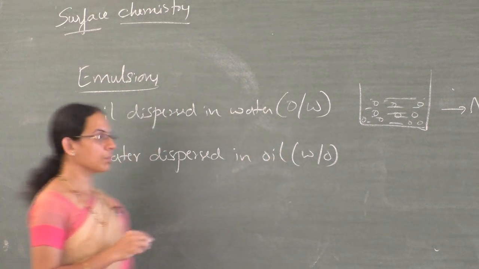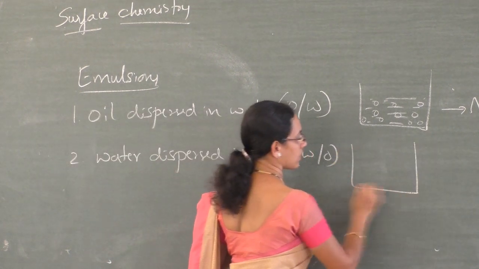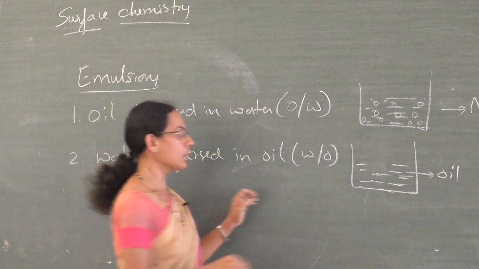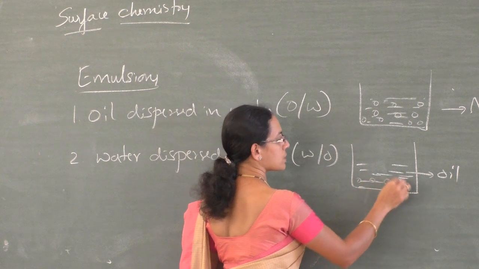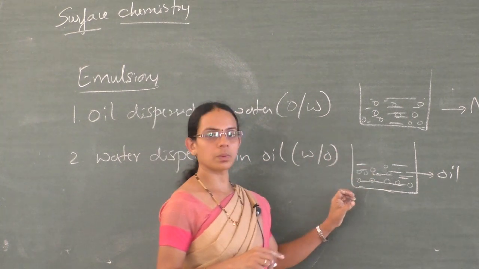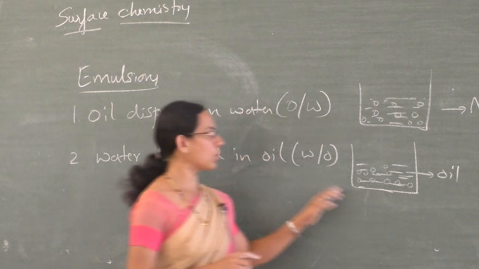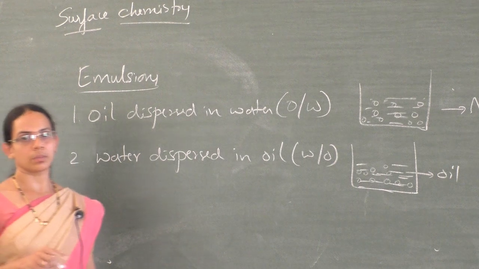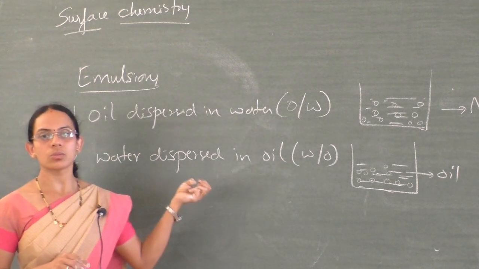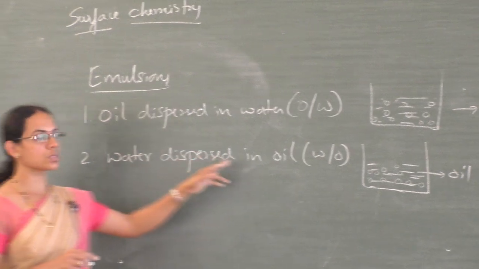And next is water dispersed in oil, where the dispersion medium is oil. In that, some water droplets are dispersed as the dispersed phase. An example is butter. Butter is an example of water dispersed in oil type. Right? The maximum content is oil and the minimum content is water. So these are the two types of emulsions: oil dispersed in water and water dispersed in oil type.